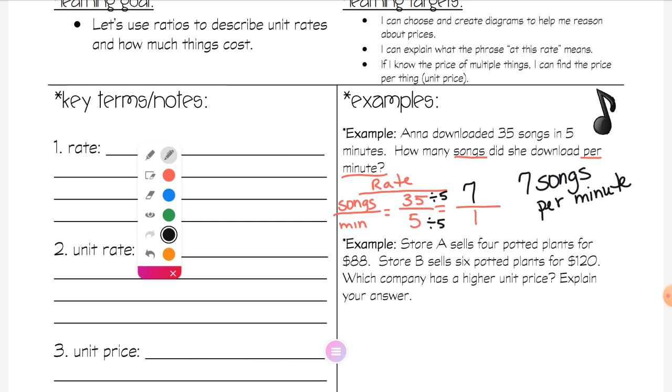So she downloads 7 songs per minute. So this one is the rate. What do we call this one right here? The 7 over 1. If it's over 1, that's a unit rate. I want you to label these in our notes. Okay, so the rate is 35 to 5. Our unit rate is 7 to 1.